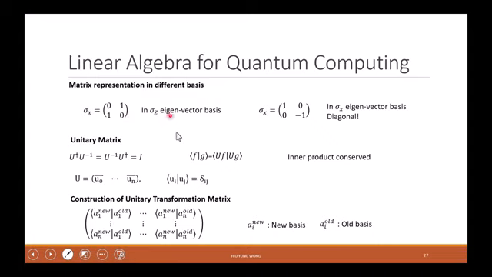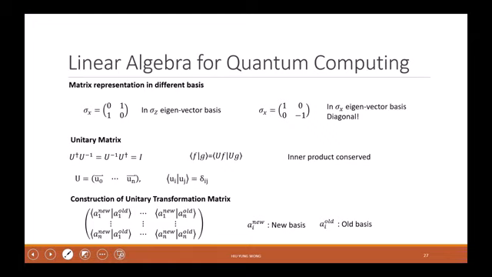But if I want to represent sigma x in its own eigenvector basis, it is 1, negative 1, which is normal. We already learned that all the matrices are diagonal if you represent them in their eigenvector basis. And these values are their eigenvalues. Okay, so I hope you can memorize this.